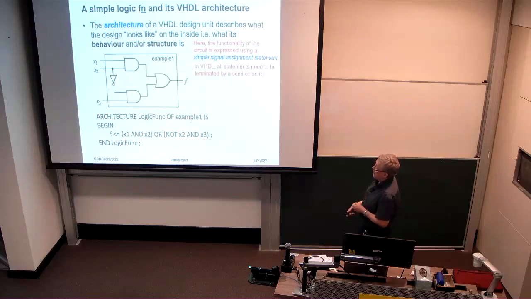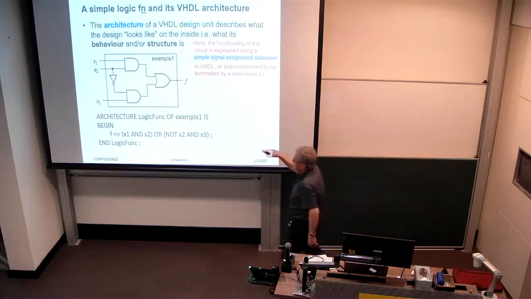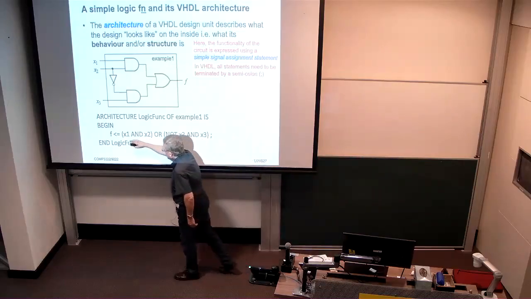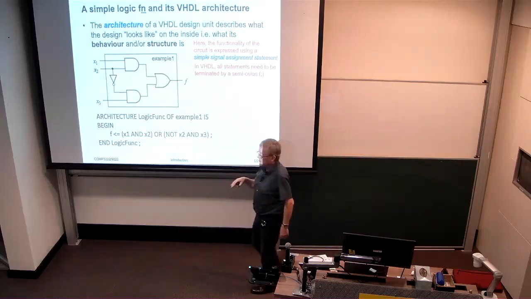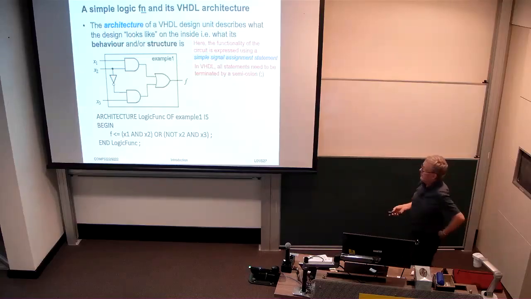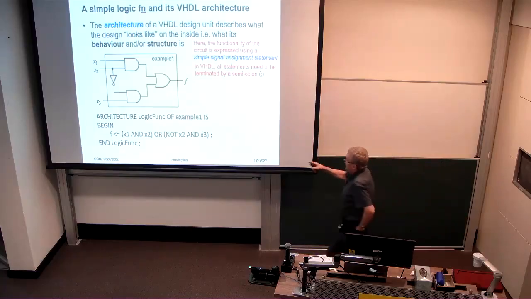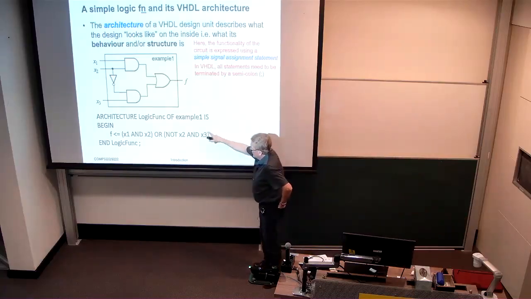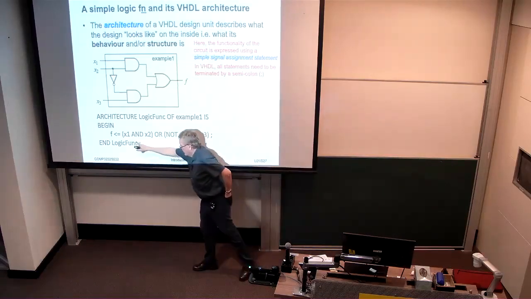and therefore you need to use parentheses because these all have the same precedence, and therefore we need to parenthesize to show what we mean. All VHDL statements need to be terminated in a semicolon, hence that one there and this one here.